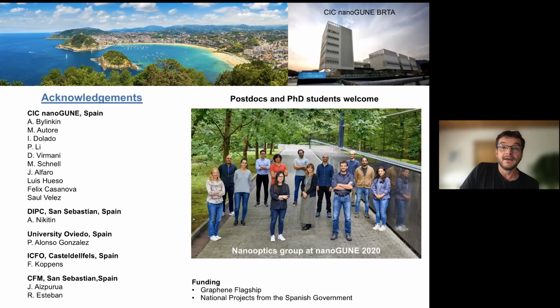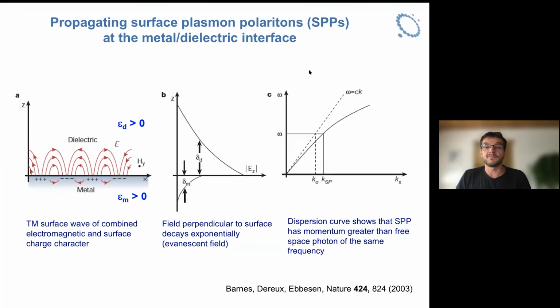I want to start very basically, because I understood that this may be a broader audience here. I want to start with what a surface plasmon polariton is. That's a concept that is rather important in optics and particularly nano-optics and has nothing to do so far with 2D materials.